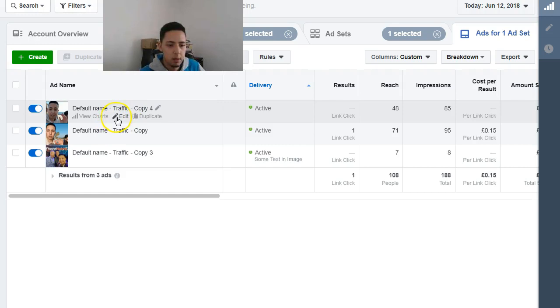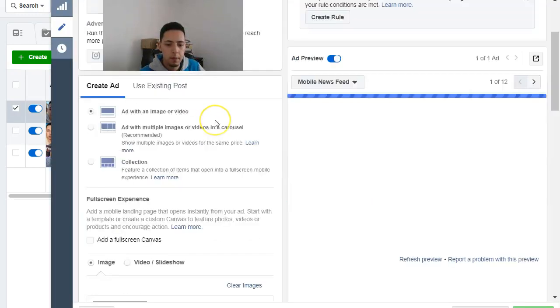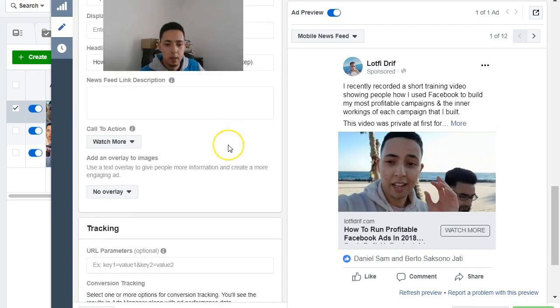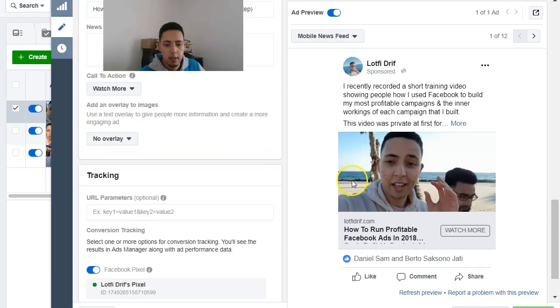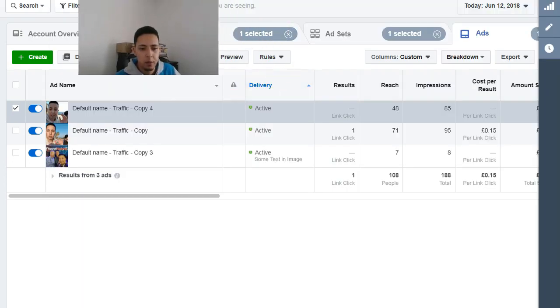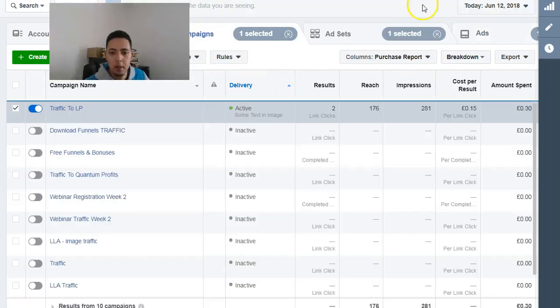It's not too big. It's about how to run profitable Facebook ads. So that's literally what this ad is. If you do go on my website, you might see an ad like this. I just run them to test out and see if it works or not.